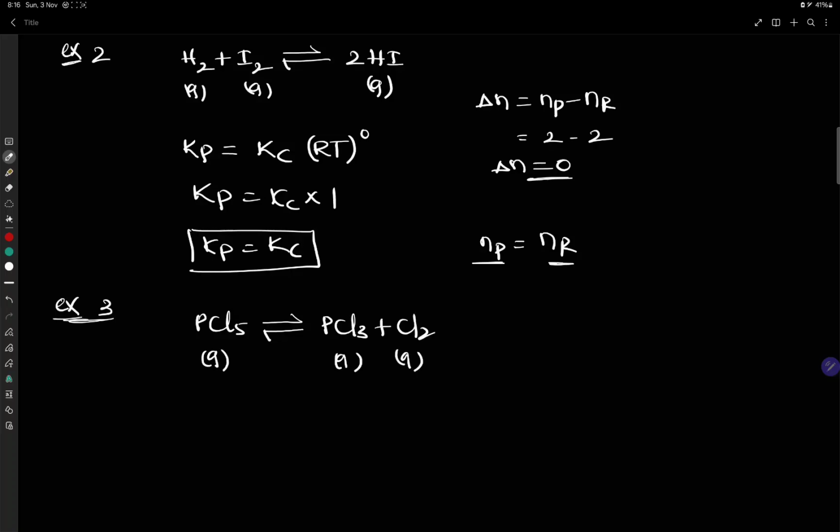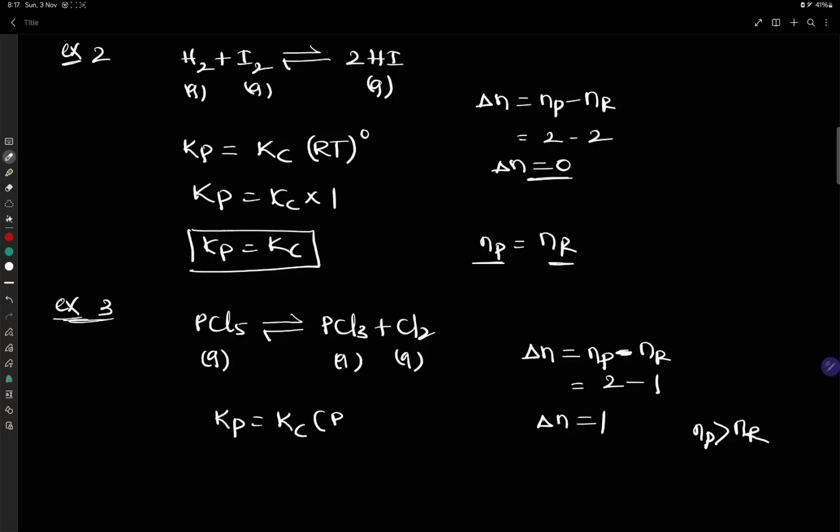Delta N is Np minus Nr: Np is 1 plus 1, which is 2, and Nr is only 1, so delta N is positive. Then Kp is equal to Kc into RT power 1.